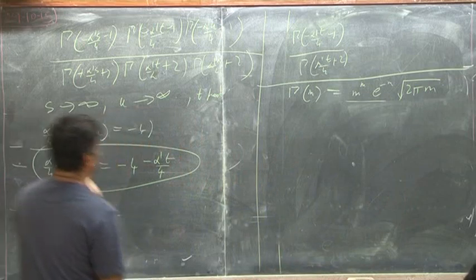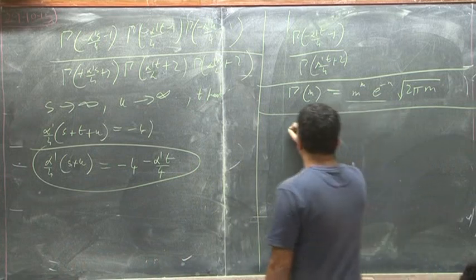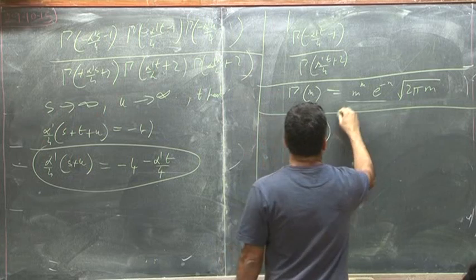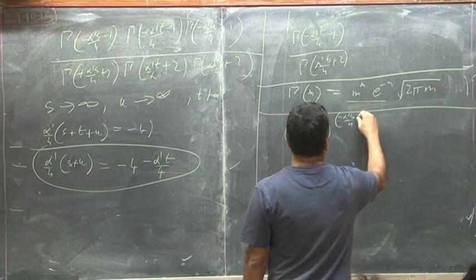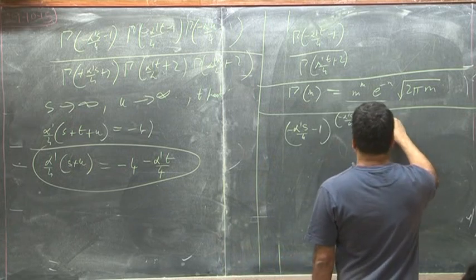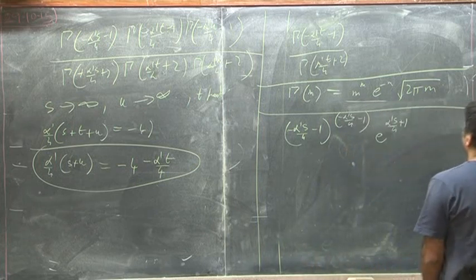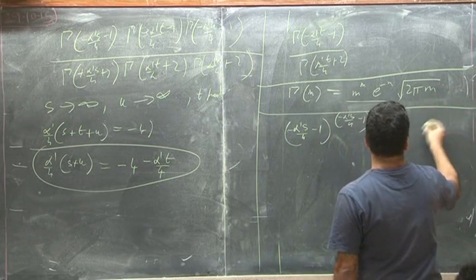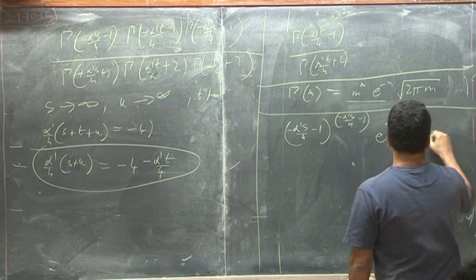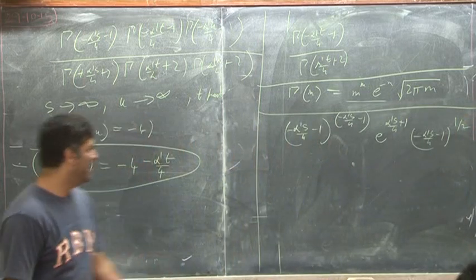Okay, so now let's evaluate all those terms carefully. So we get minus alpha prime s by 4 minus 1 to the power minus alpha prime s by 4 minus 1, e to the power alpha prime s by 4 plus 1, over 2 pi m really, but I'll keep m this, and then minus alpha prime s by 4 minus 1 to the power half. Okay, that's the first.